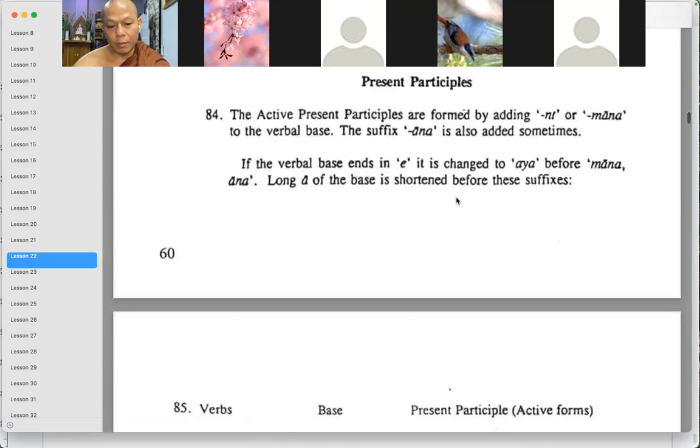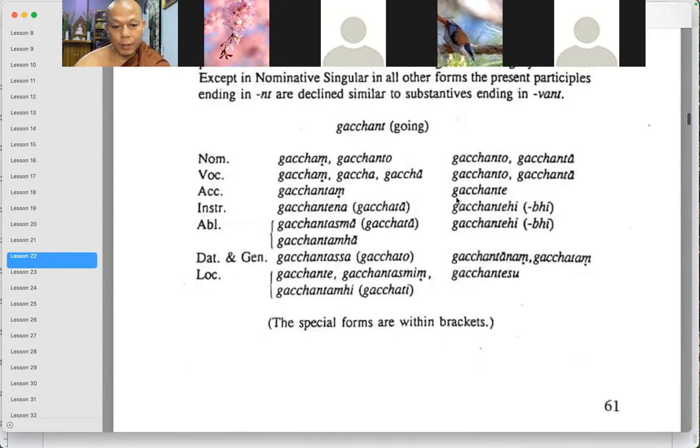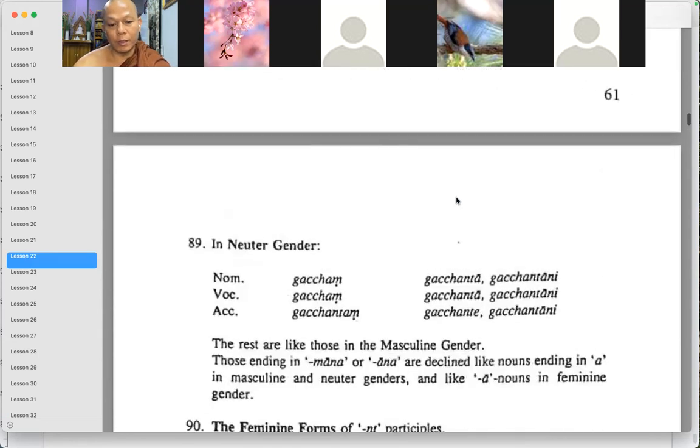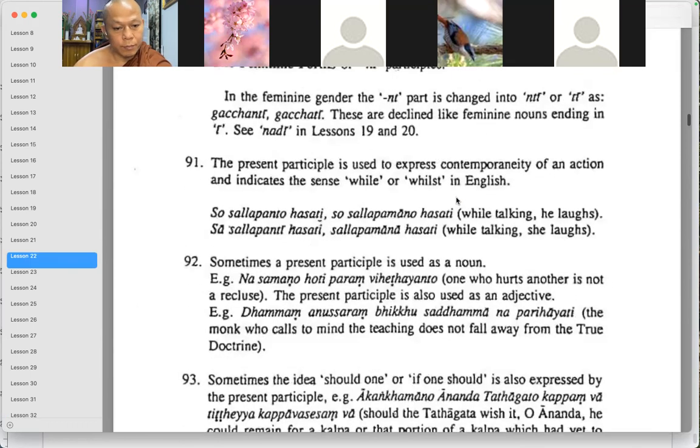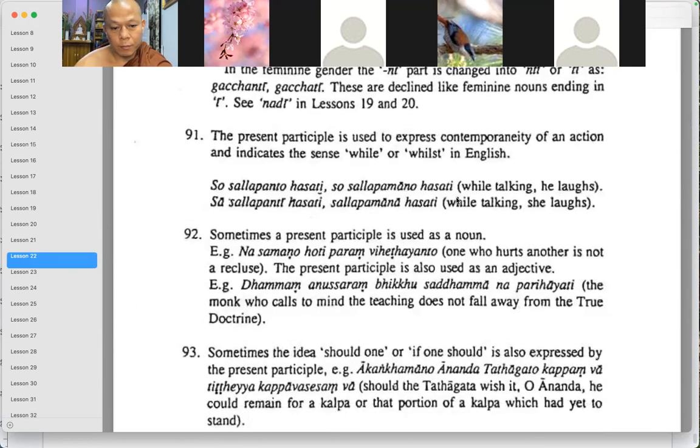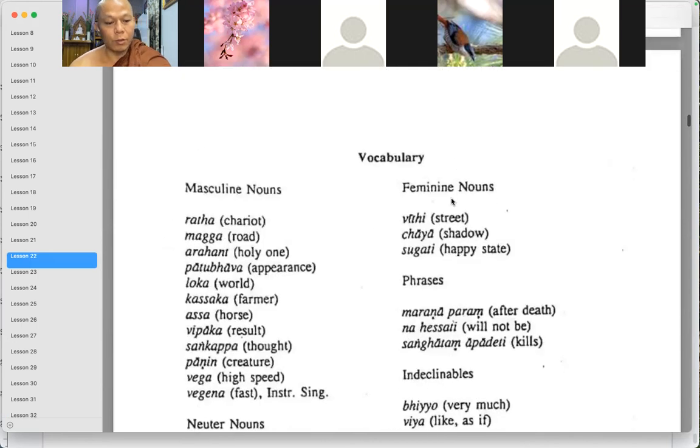So the present participle, or that is E, not the past participle.